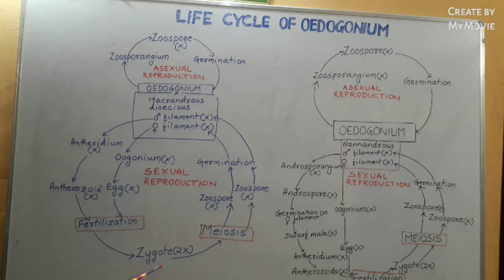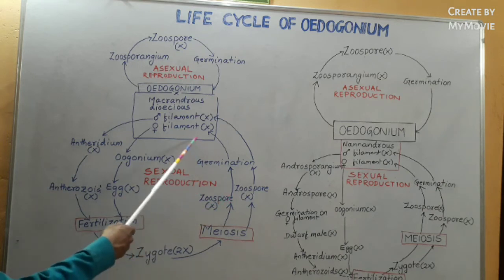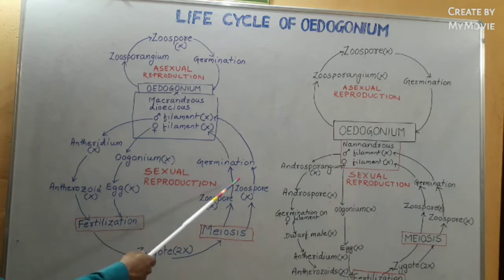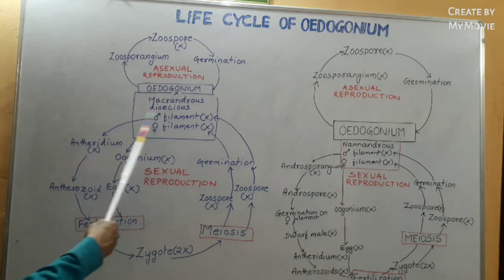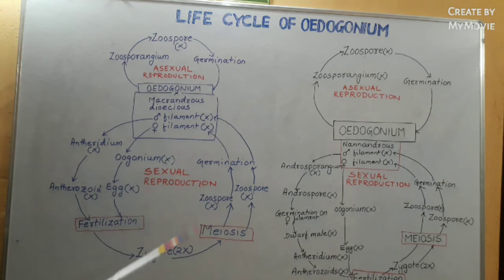The diploid nucleus of the zygote divides by meiosis that results in the formation of 4 haploid nuclei. These 4 haploid nuclei undergo metamorphosis to form 4 zoomeiospore. Out of 4 zoomeiospore, 2 germinate and give rise to female filament, and remaining 2 upon germination give rise to male filament. This is the life cycle of Macrandrous dioecious species.